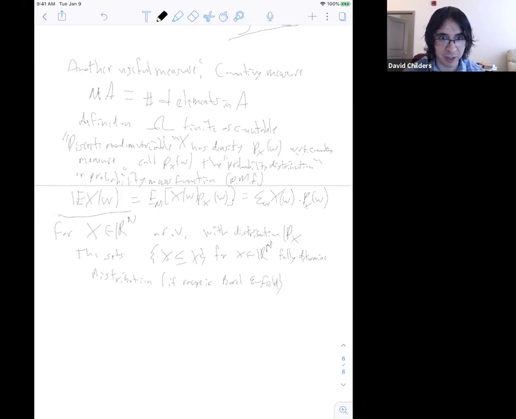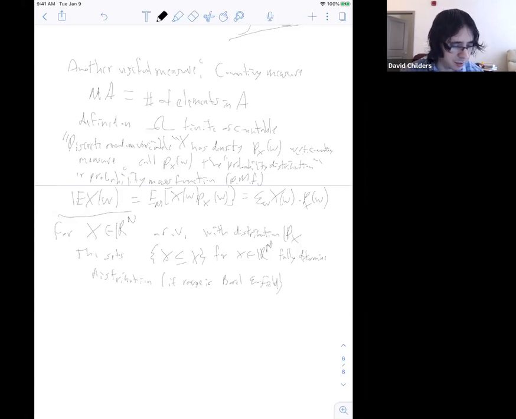So now we're getting away from things that are necessarily dominated by a particular measure on R^n, but we are assuming that they're random variables that map to the Borel sigma field defined over R^n.